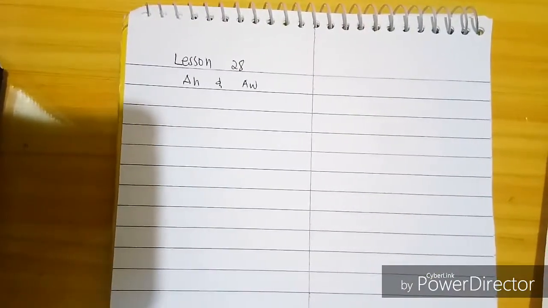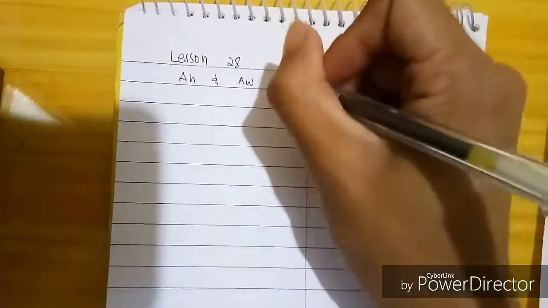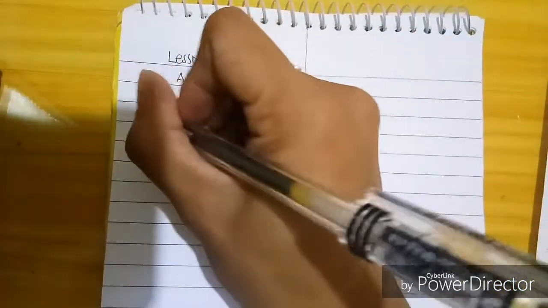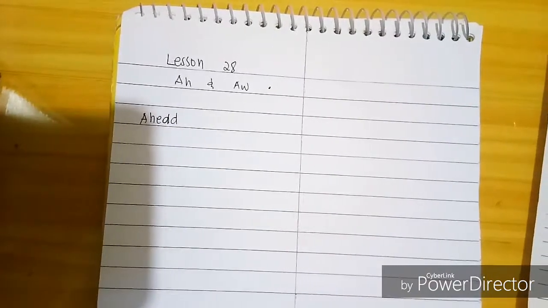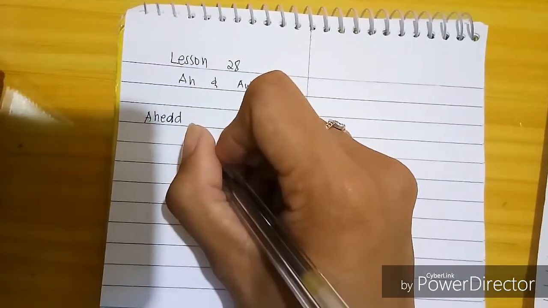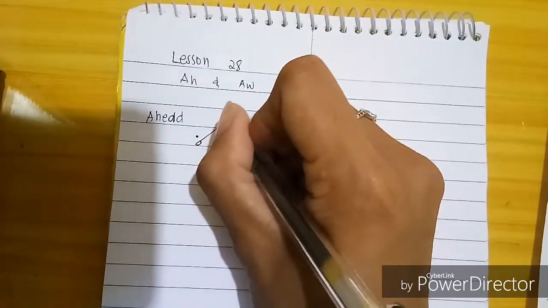A in words that begin with a and ow is represented by a dot. Example, the word ahead. It will be written in this way. The word a, e, and d.